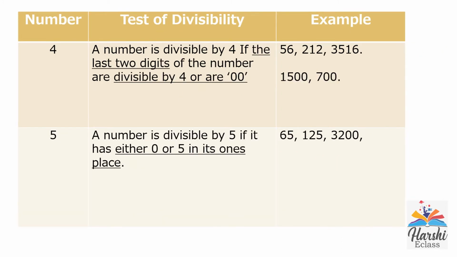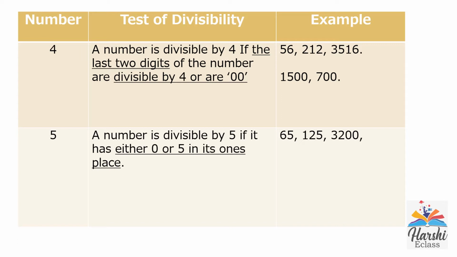Now, number 4. The test of divisibility for number 4 is that a number is divisible by 4 if the last two digits of the number are divisible by 4. Here we need to check the last two digits of the number.